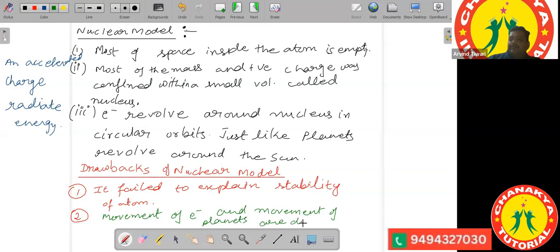They are not the same. But the major drawback which we consider was this one: it failed to explain the stability of the atom. So if you learn this way, then your answers would carry weightage. You will get your marks.